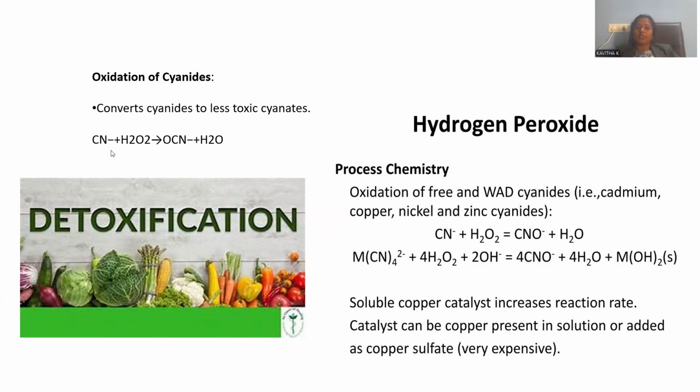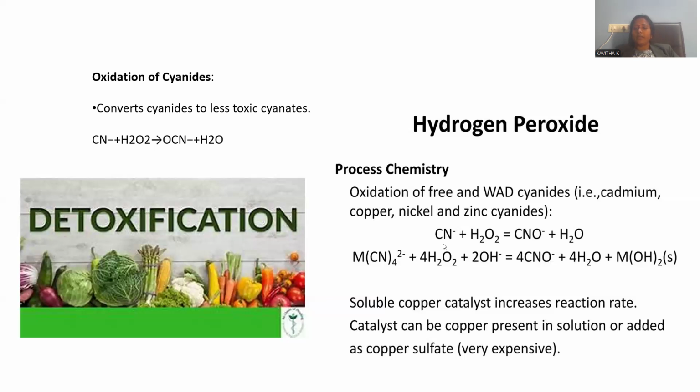Cyanide is to be treated with hydrogen peroxide, which is able to convert it into OCN minus. OCN minus is called oxycyanate. So oxycyanate will be generated. That oxycyanate is not that toxic and it is detoxified. So this is the detoxified compound of cyanide.